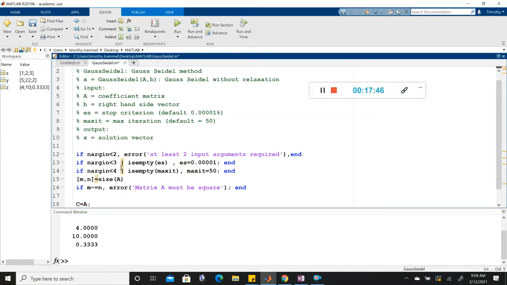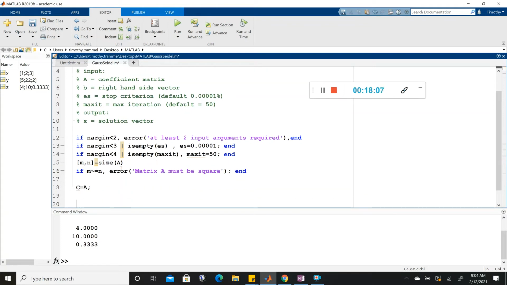C looks a lot like A. It's just that we've divided all of the elements, or we've divided each row, by the diagonal elements. And we also have a bunch of zeros along the diagonal of C. Okay. But it looks somewhat similar. Okay. So this isn't a bad starting point.